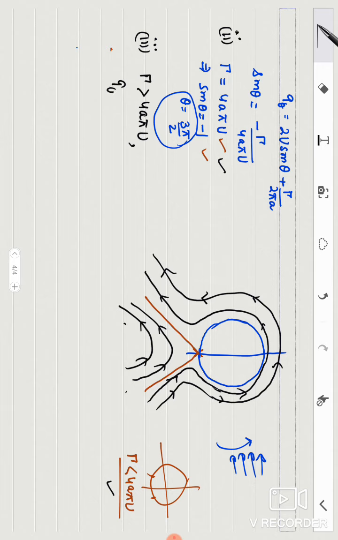Further, if I see my q theta, then it was minus u a square upon r square plus u plus gamma upon 2 pi r. And if I put it to be 0, because I have to see what is the stagnation point, I'll get the value of r which will be greater than a in this situation. So what does it mean?